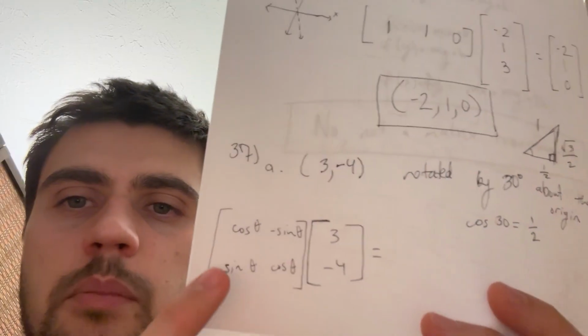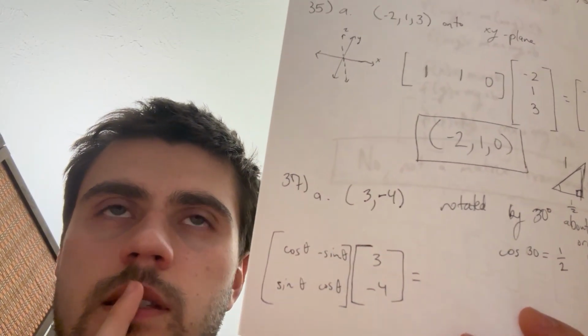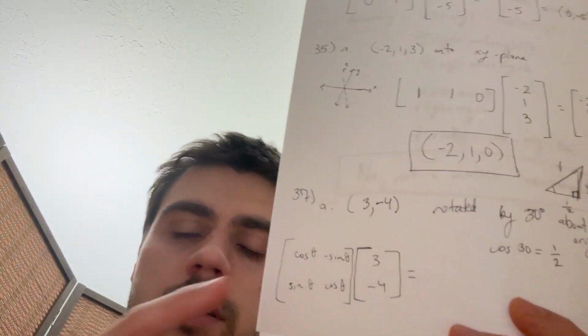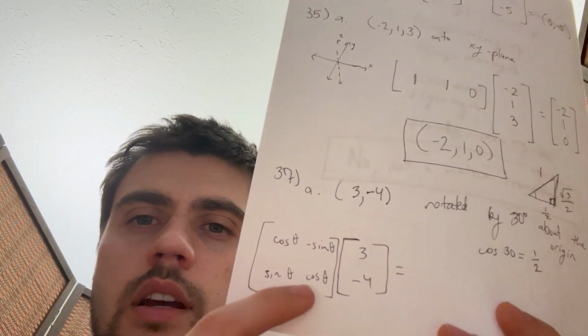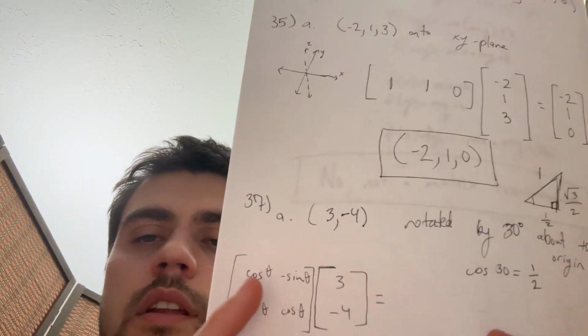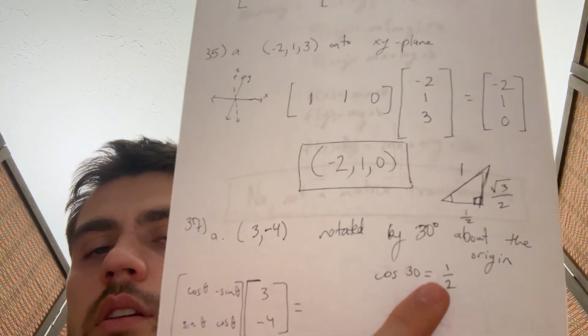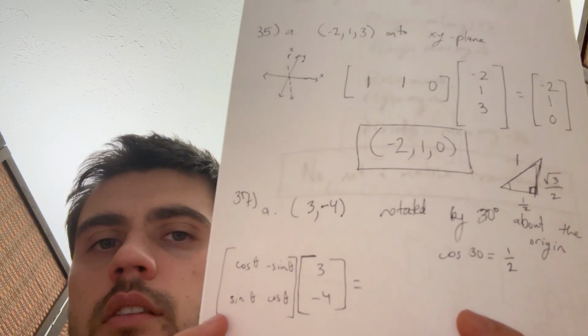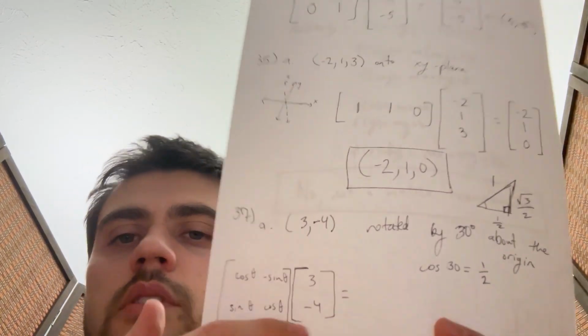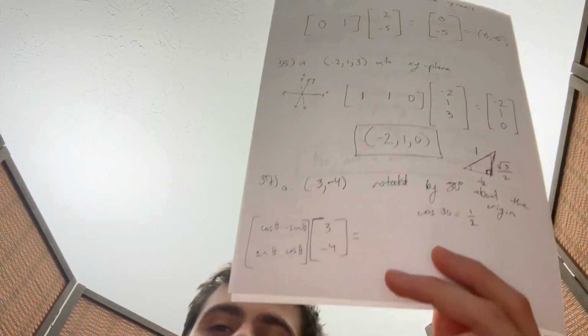So this one, I believe this is the standard matrix that is given for rotating counterclockwise: cosine, negative sine, sine, cosine, but I can't remember exactly. But now I'm finding cosine 30 is radical 3 over 2, sine 30 is 1/2, and so we're going to plug those in and then multiply it out, but really close on that problem.